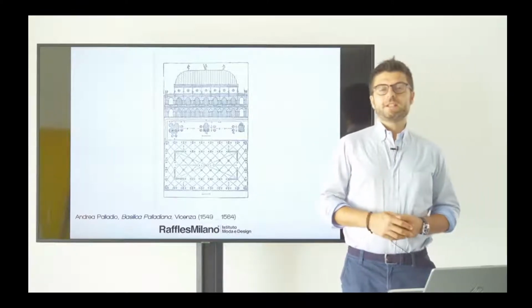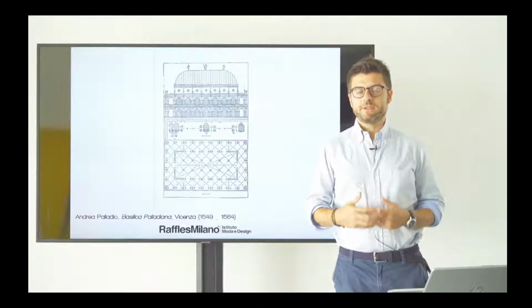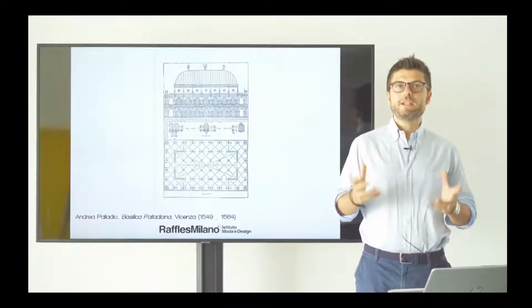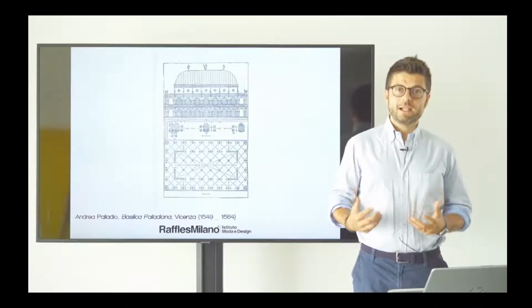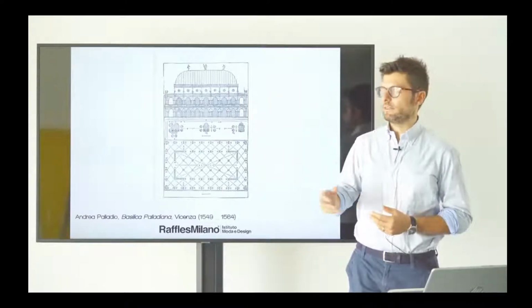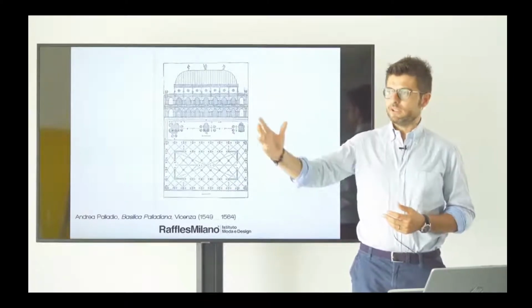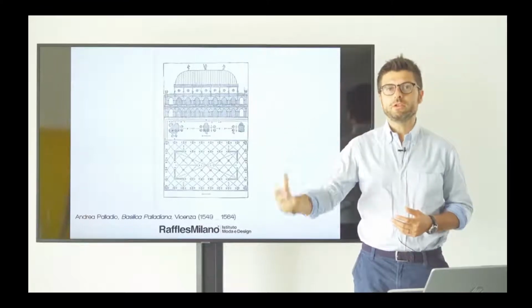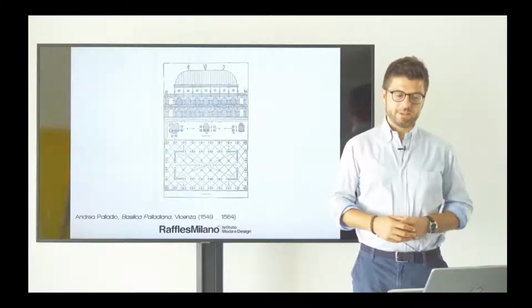The second element, the instrument that you have for thinking about the space, is the light. Light can be natural, so the light coming from the sun that passes through a window or a door, and on the other side, the artificial light, the light that is produced by lamps, LEDs, and all these technical instruments.